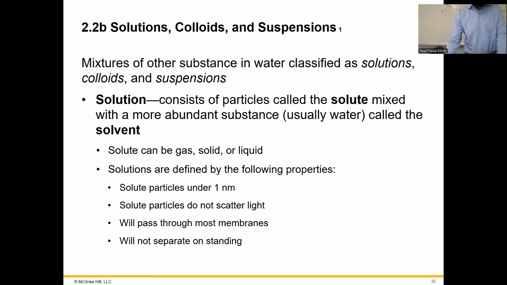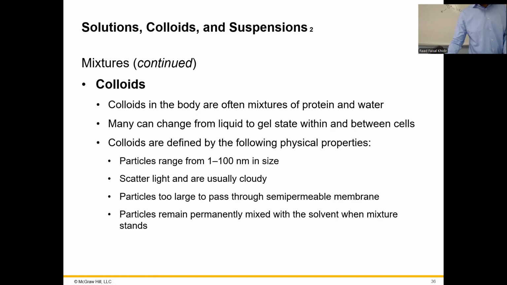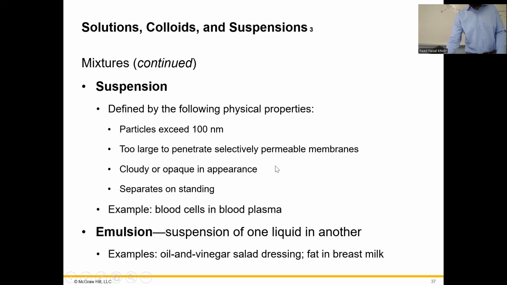So a solution is like water, usually water. It has water with salt. That's an example of a solution. That's not a colloid. That is not a suspension. But when you have a colloid, the colloid is usually water and protein. A suspension is when you have blood cells and blood plasma.